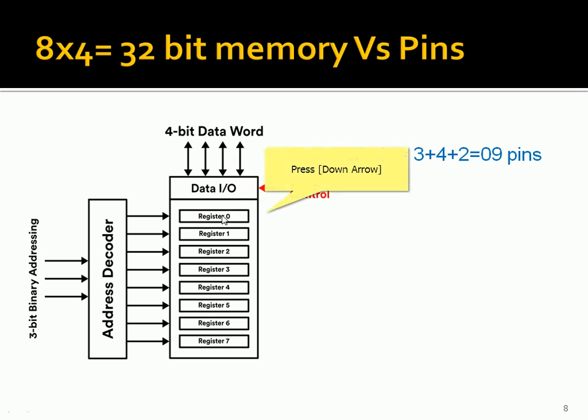So for 32 bit we can observe that: 3 bits per address, that is A0, A1, A2, 4 bits per data, that is D0, D1, D2, D3, and 2 bits for ground and power supply. So altogether 9 pins need to be established for this 32-bit memory chip.